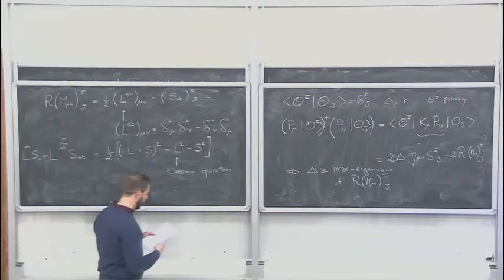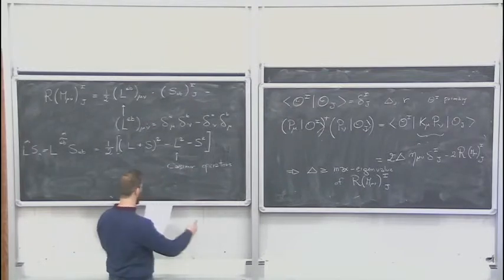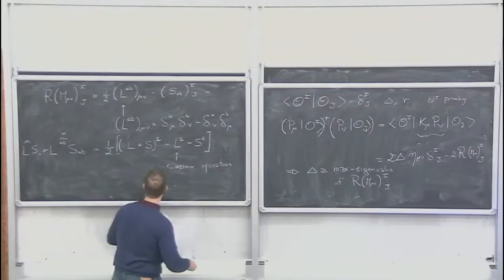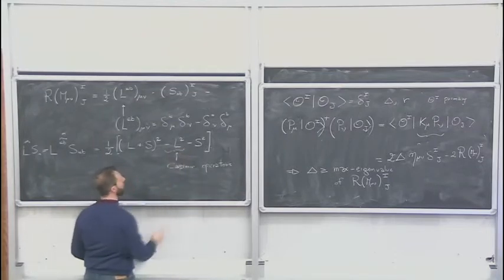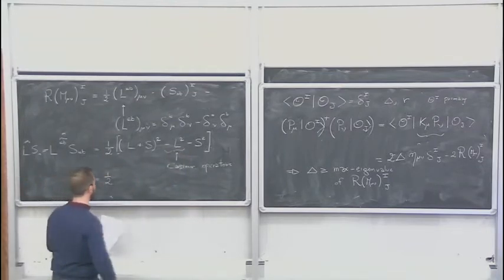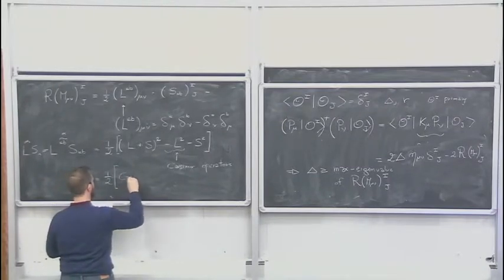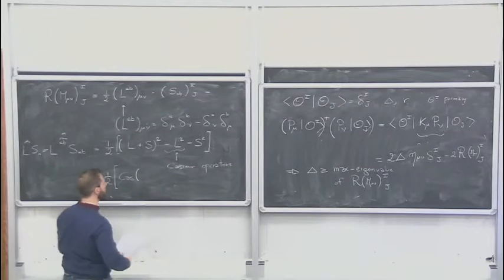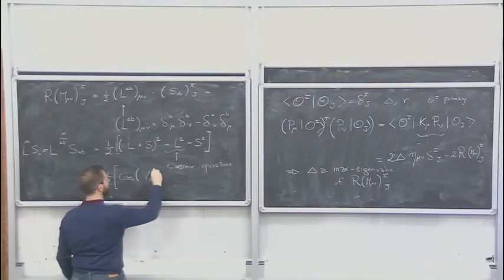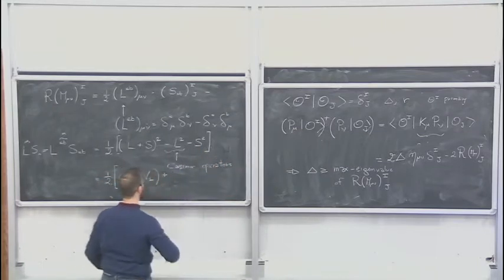So in particular, for instance, let's see. So I can write this as 1/2. Actually, the Casimir is minus L square in my convention. So you can write the following object as the Casimir of the vector representation, let me call it V1, plus the Casimir of the representation little r.